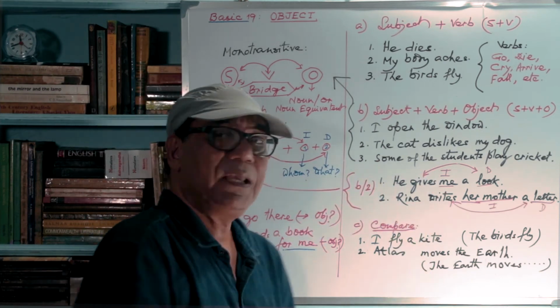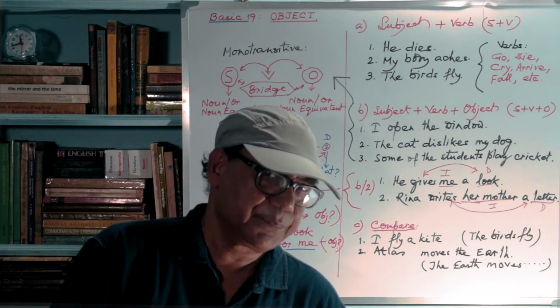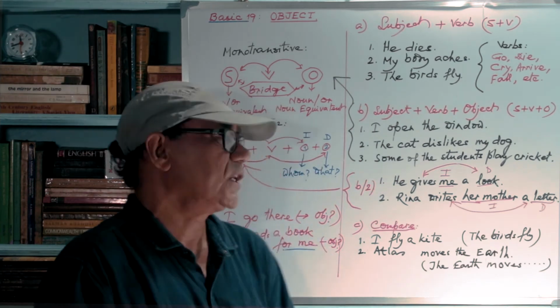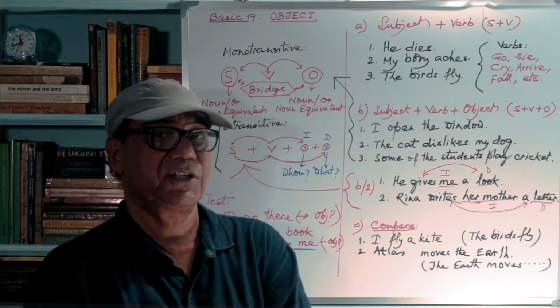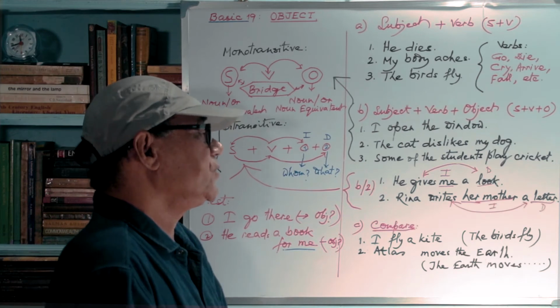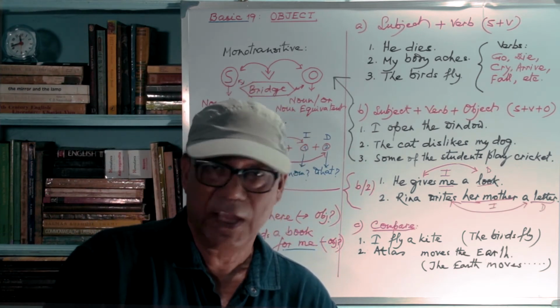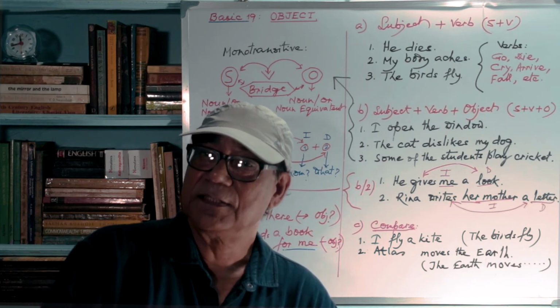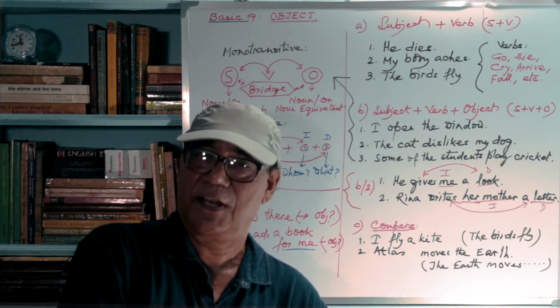And me is an object form of pronoun I. So this is also an object, but me is an indirect object. And me is a person, and look or book is a thing. Normally, the thing is the direct object and the person is indirect object.